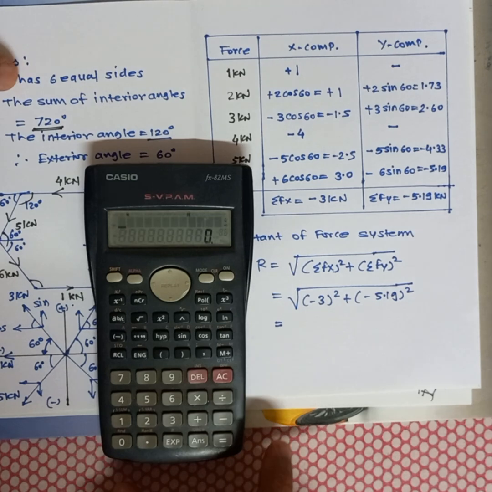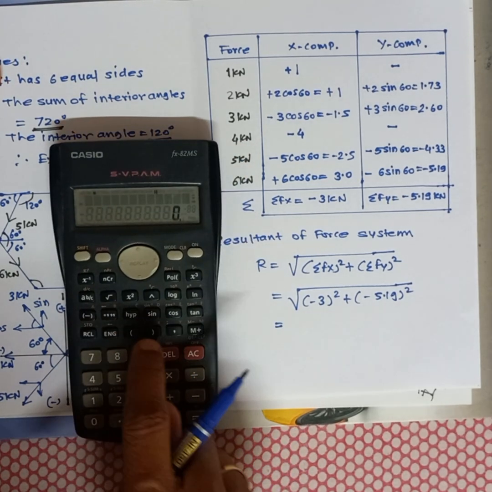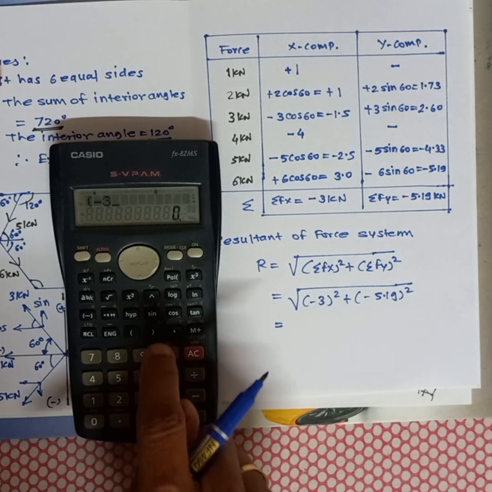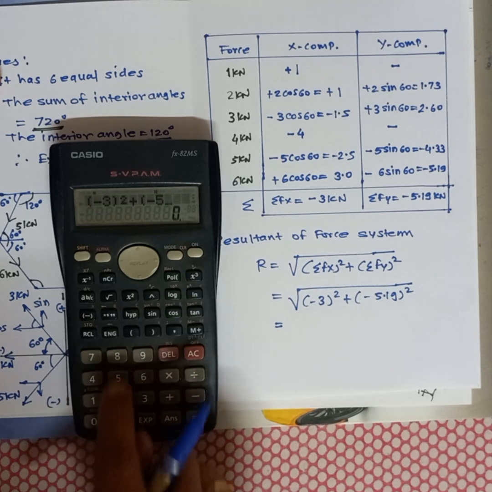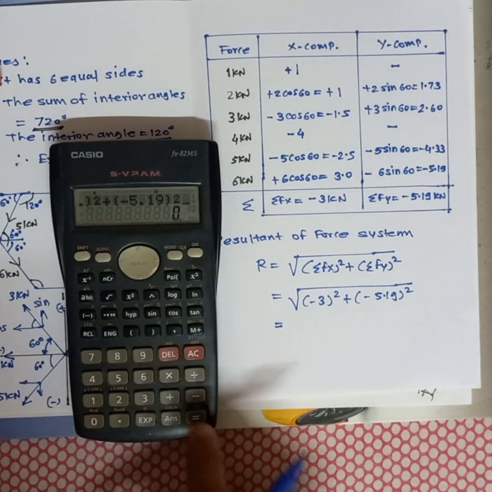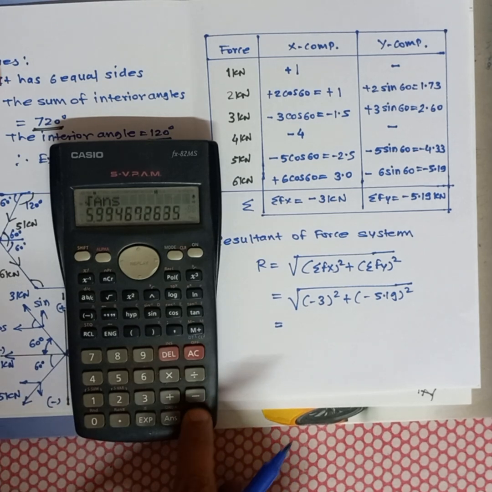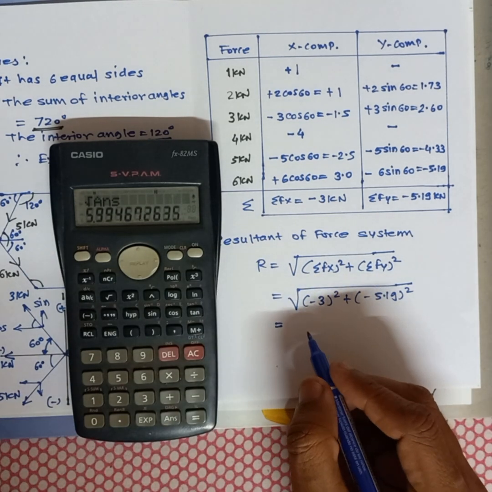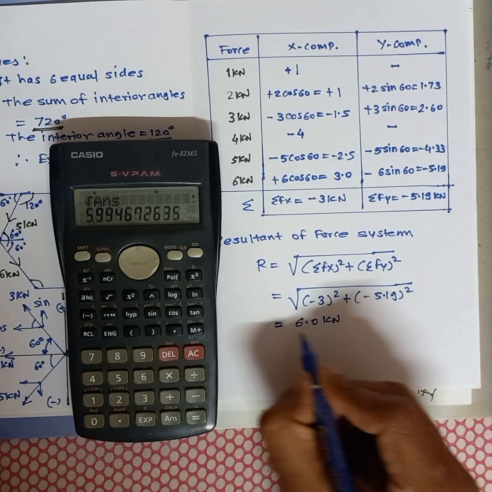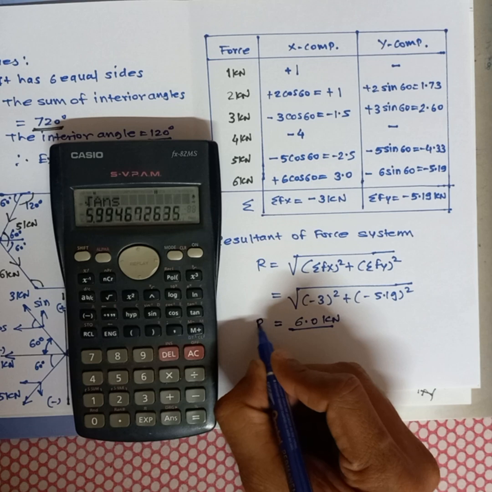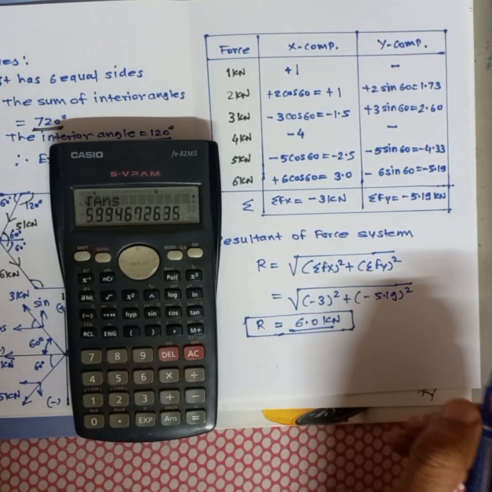In bracket minus 3 squared plus in bracket minus 5.19 squared, root, answer equals, it is coming 5.99. So I will simply take 6 kilonewton. So this is our first expected answer, right?